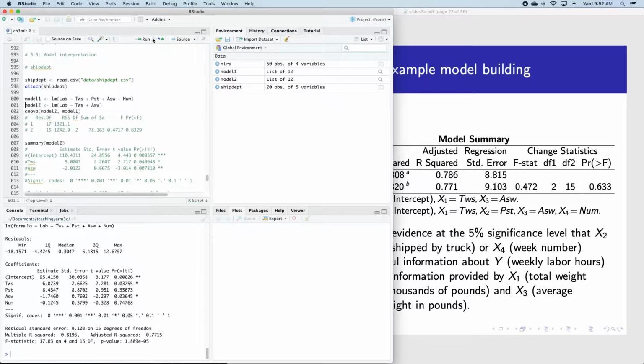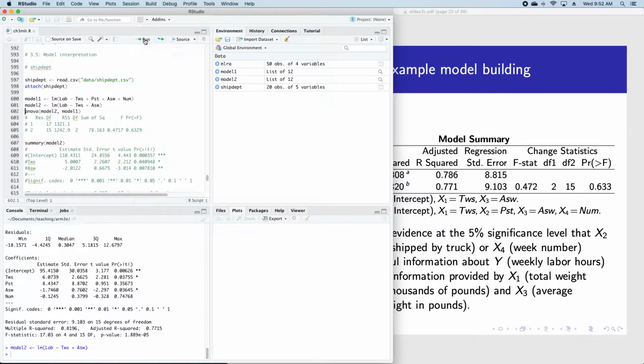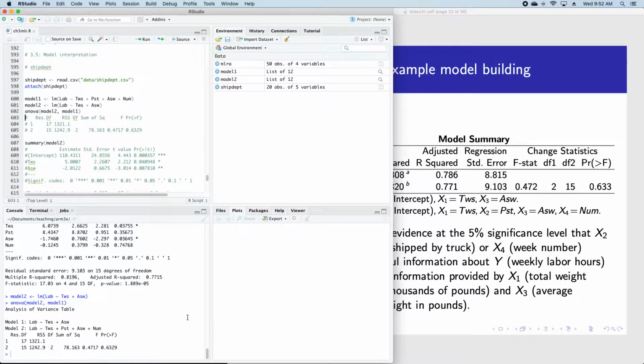So I fitted a second model that excluded those 2 predictors, and then we talked about this before, but a nested model F-test concluded that I was correct, that I didn't need those 2 predictors. They were redundant. And I can tell that because my p-value here is higher than, let's say, a significance level of 0.05.